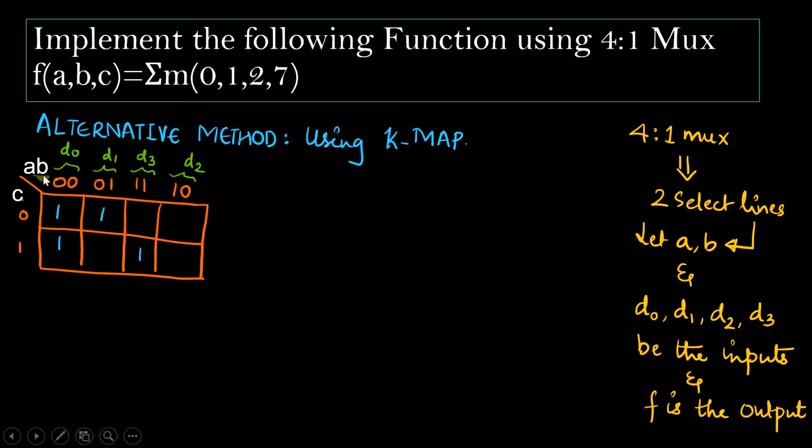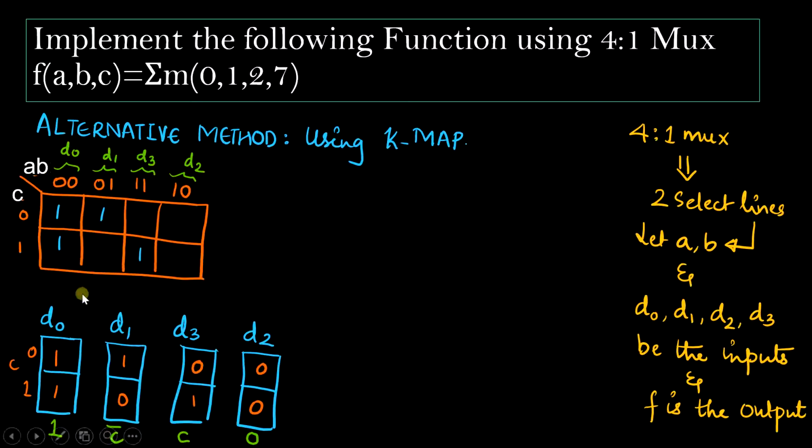So I have written D3 here for 1, 1, and this is supposed to be equal to D2. So this is equal to 1, 1, 1, 0, 0, 1, 0, 0.